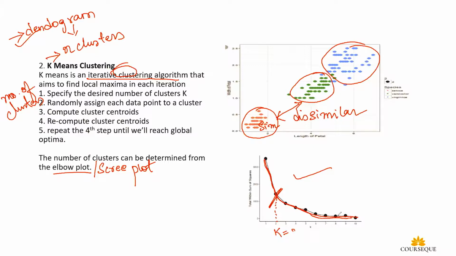K is equal to 2. 2 cluster division is what is your optimal K value, and the number of clusters to be divided. Okay, so this bend is considered to be the optimal cutoff K value, right? Okay, so this is how you work on K-means clustering.